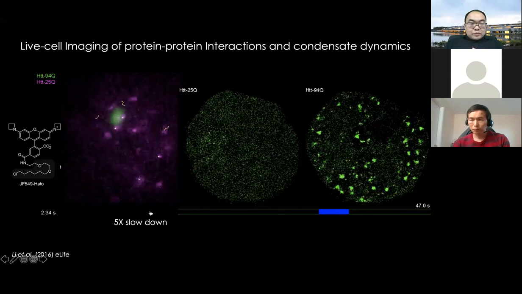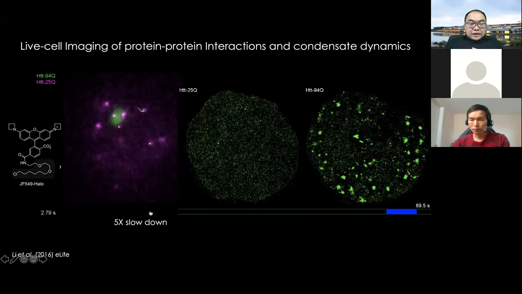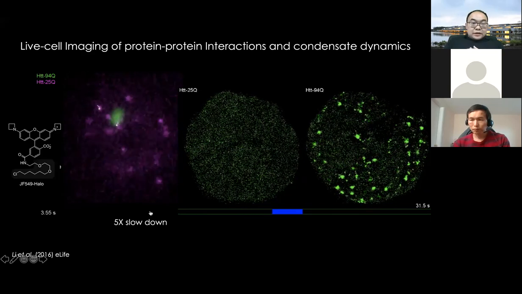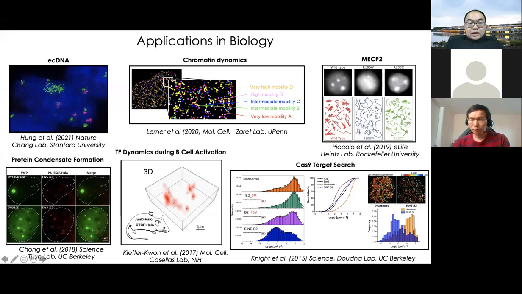After we published these strategies, they got pretty good reception in the field. Here is just a subset of works done through collaboration with my lab, utilizing these strategies to look at protein dynamics in different biological systems.